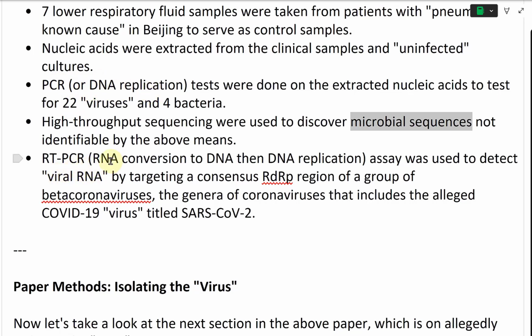Then RT-PCR is RNA conversion to DNA, then DNA replication. Assay was used to detect viral RNA by targeting a consensus RdRp region of a group of beta coronaviruses. And this is the genera of coronaviruses that includes the alleged COVID-19 virus titled SARS-CoV-2.